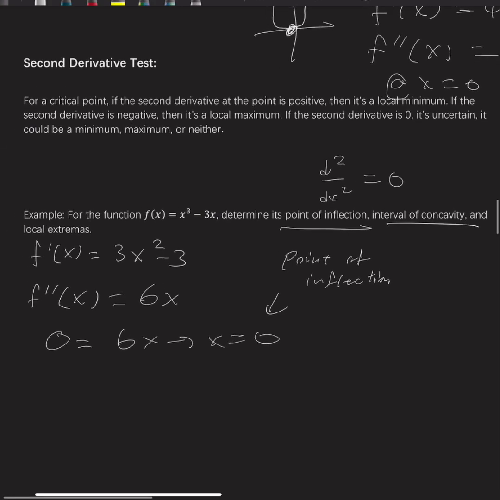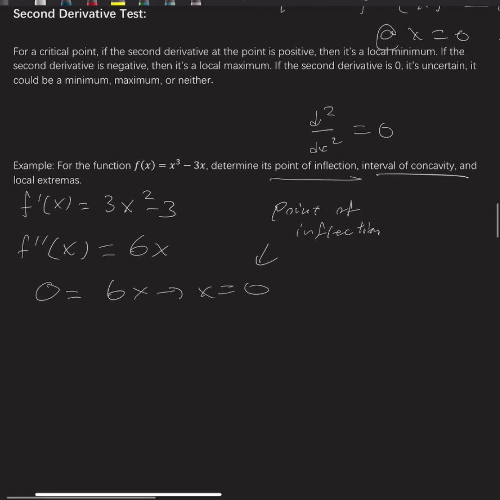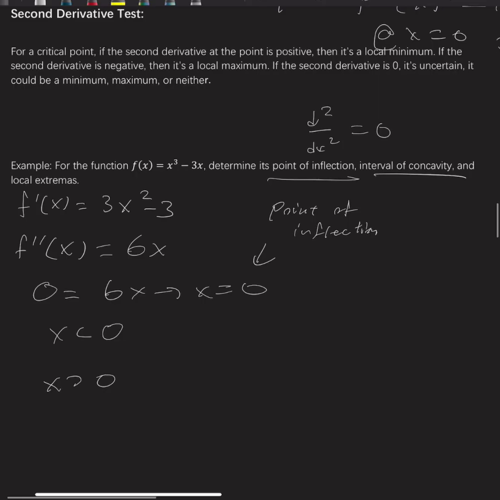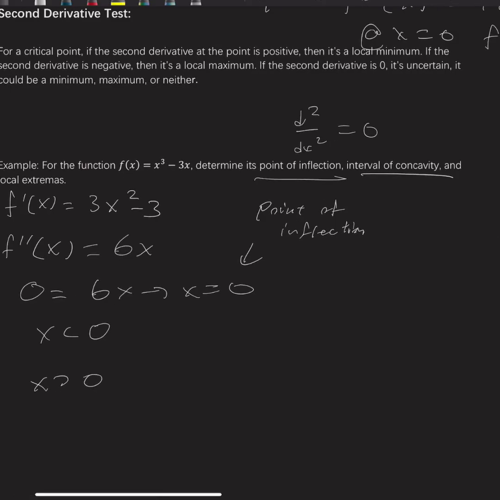For the intervals of concavity, we see there's two choices, x is less than 0 or x is greater than 0. Let's substitute some values into the second derivative. Let's say f double prime of 1, which equals 6, which means that it's concave upward.